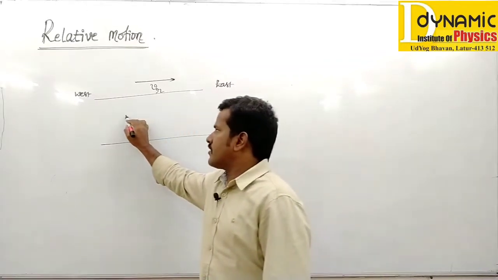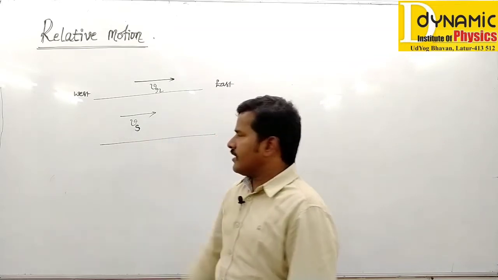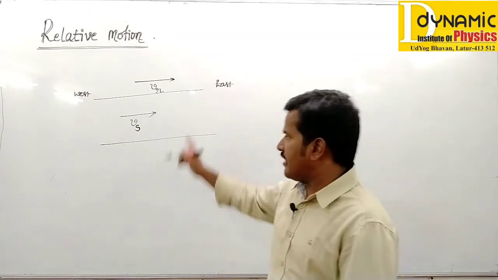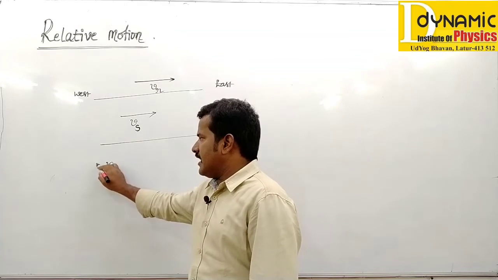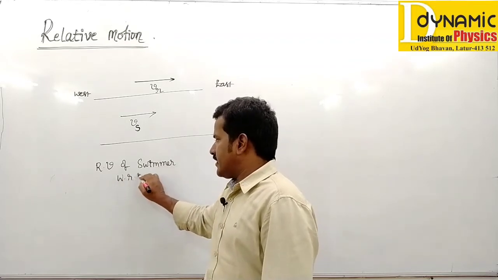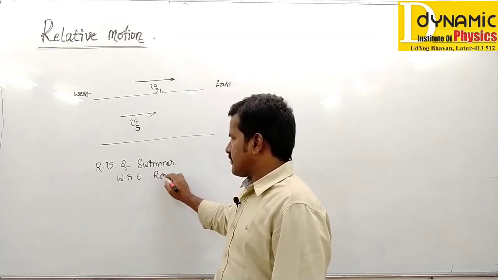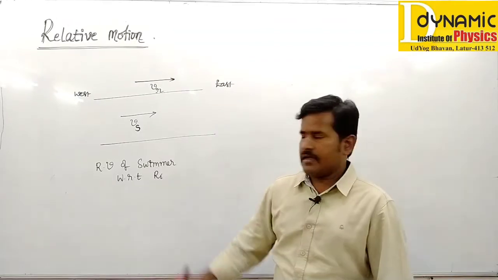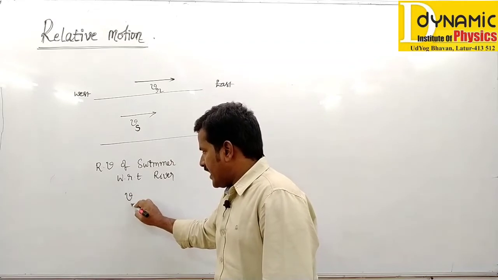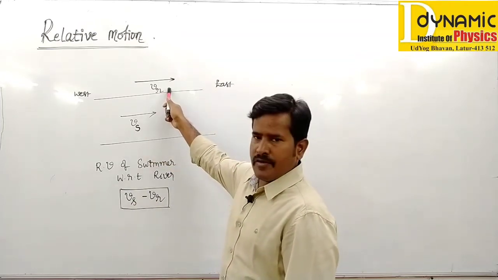The speed of a swimmer is Vs. When the river and the swimmer move in the same direction, the relative velocity of the swimmer with respect to the river is Vs minus Vr.